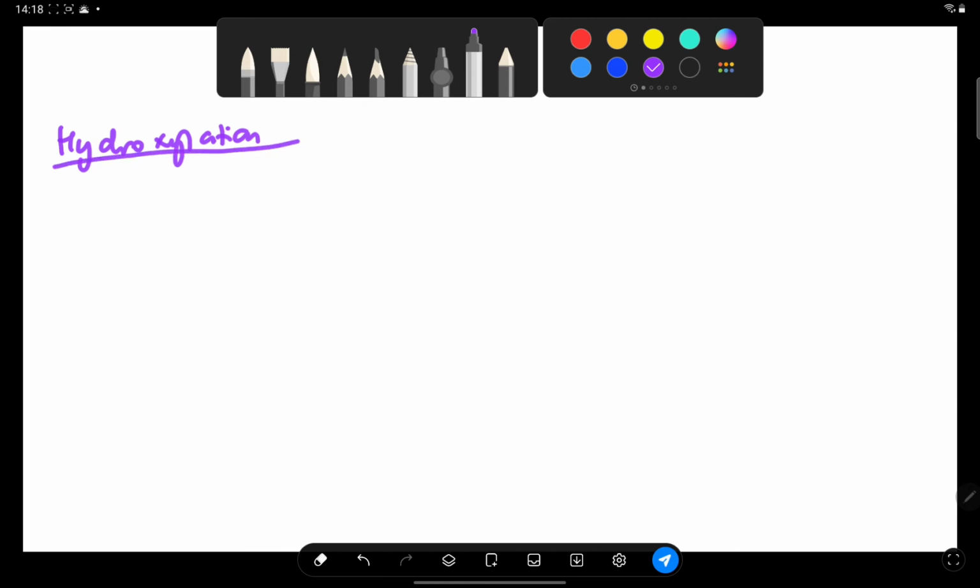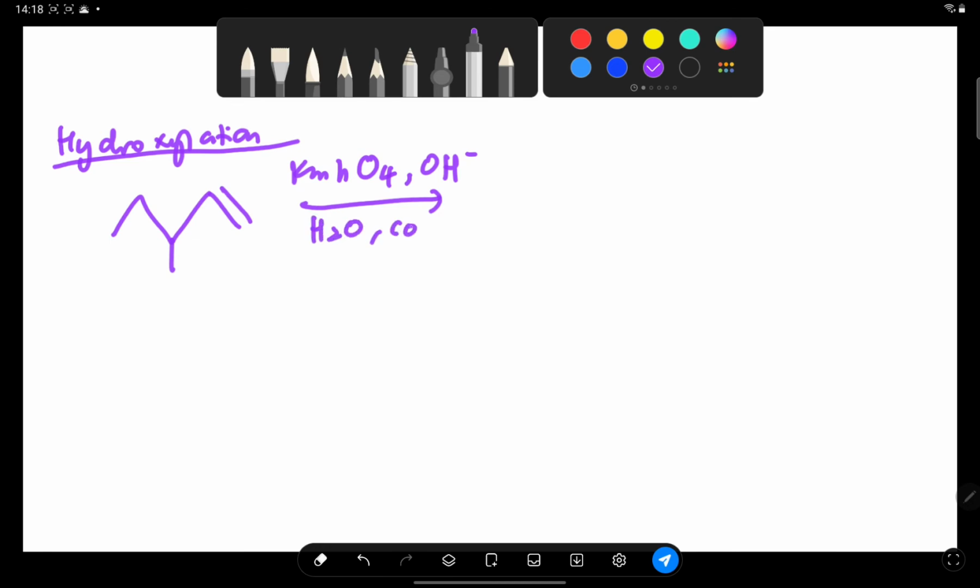For example, here, react with KMnO4, potassium permanganate, in basic condition, diluted, and you need to put it cold.